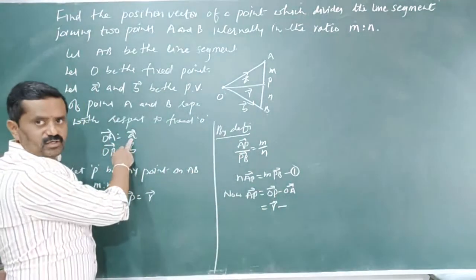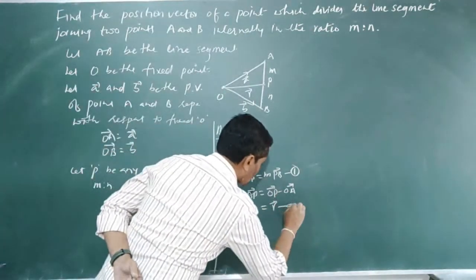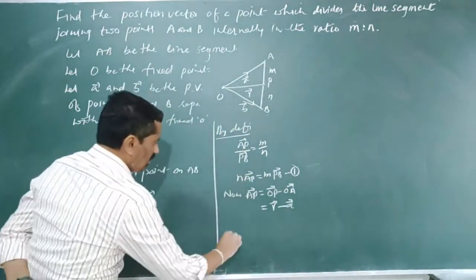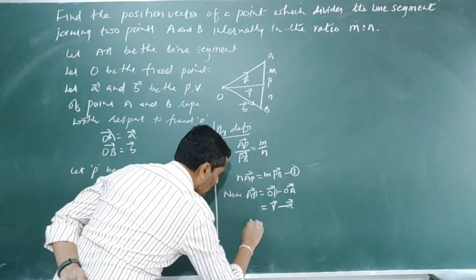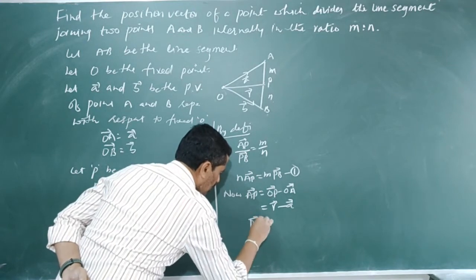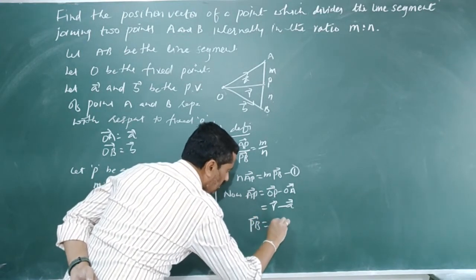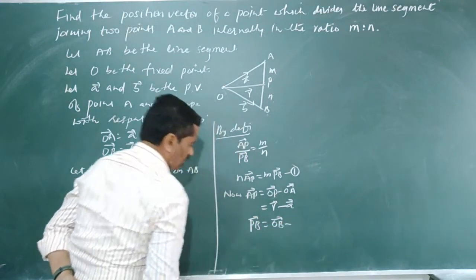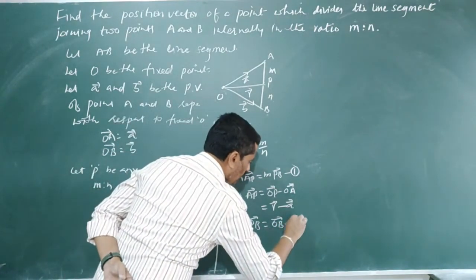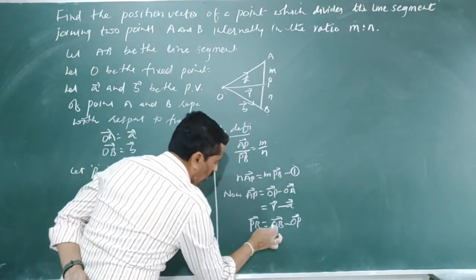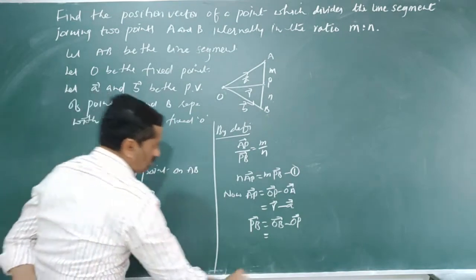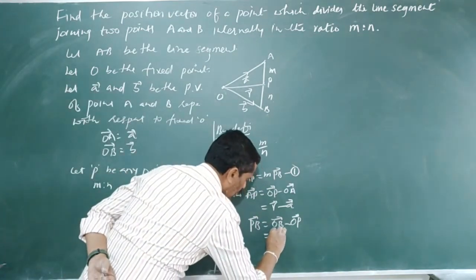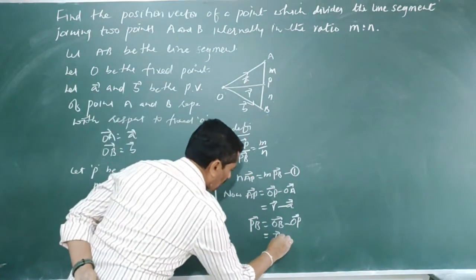We have A bar. Similarly, PB bar is equal to OB bar minus OP bar. Again what is OB bar? We have B bar minus, what is OP bar? We have R bar.